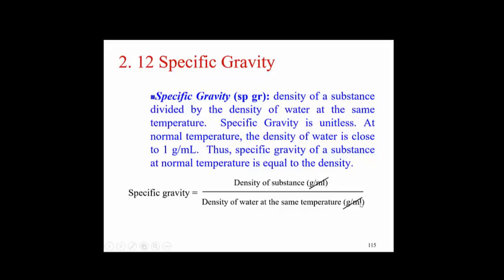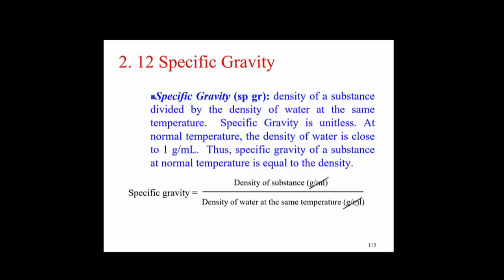Can I say the two units of grams per ml are going to cancel each other? So what do you get if you divide anything by 1? You get the same number. So specific gravity is numerically the same as density, except it's unitless, it's a ratio. If I say I am 3 times older than you, there is no unit there, right?